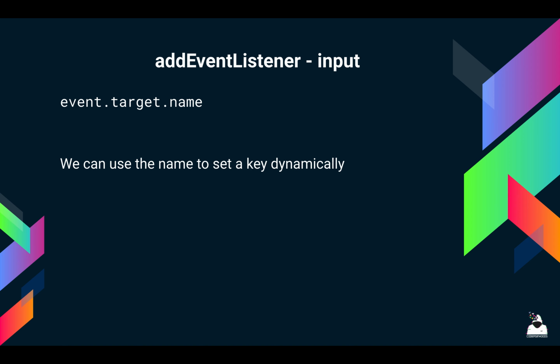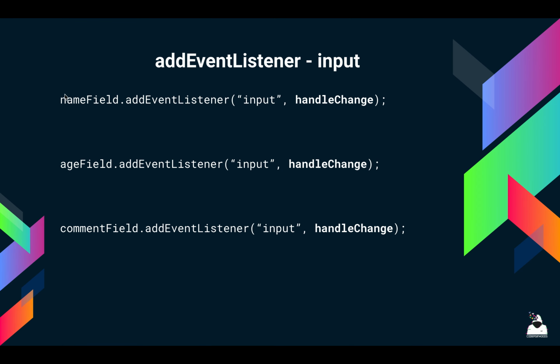It should also have a name attribute to specify the kind of data, usually the data in a database, that this input field is referring to. We can use that name to set a key on an object that represents that form data in a JavaScript object. So, nameField.addEventListener, input, handleChange.